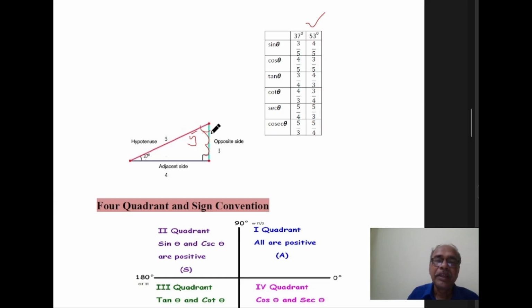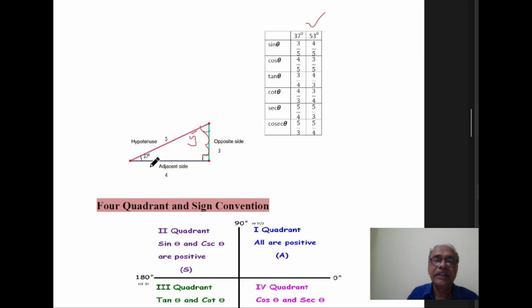Here, if you take 37 degrees as the base angle, then sin 37 degrees equals this by this, you see 3 by 5. Similarly, sin 53 degrees equals this by this, which is 4 by 5. Cos 37 degrees equals this by this, equal to 4 by 5, and cos 53 degrees equals this by this, equal to 3 by 5.